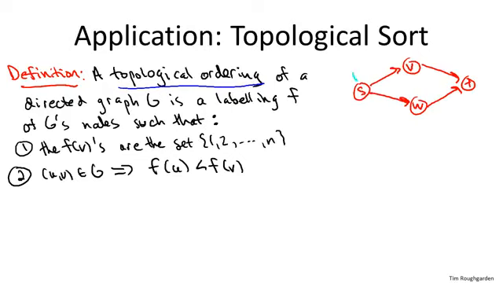Another option would be to label them the same way, except you can swap the labels of V and W. So if you want, you can label V 3 and W 2. So again, what these labelings are really meant to encode is an ordering of the vertices. So the blue labeling you can think of as encoding the ordering in which we put S first, then V, then W, and then T.